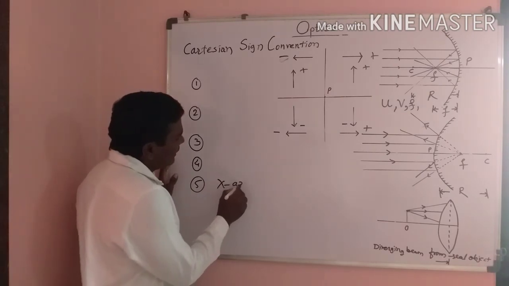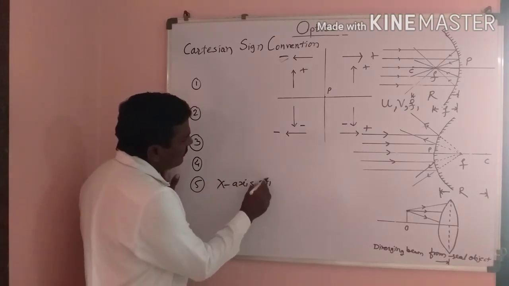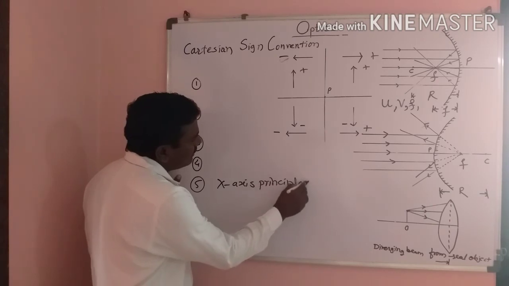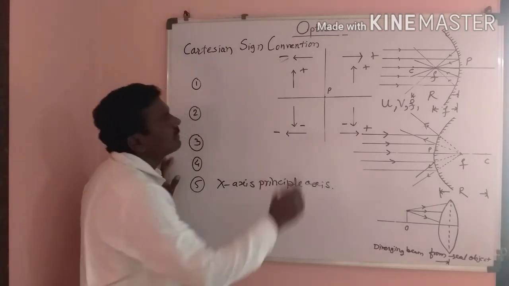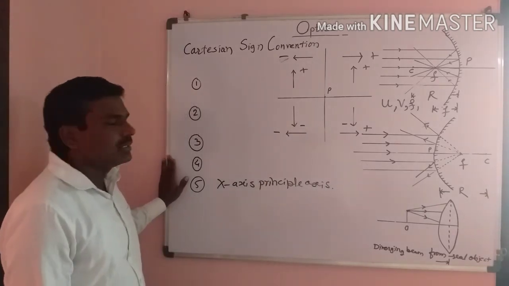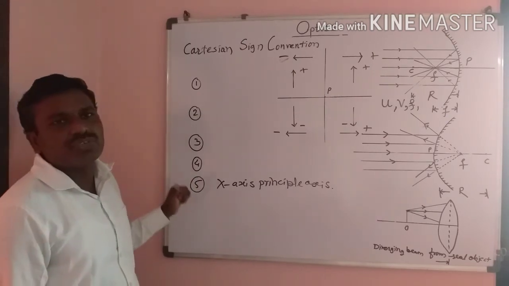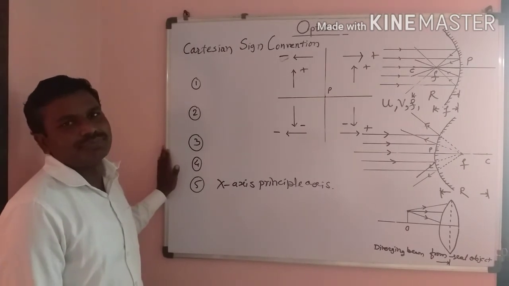What is the x-axis? The x-axis is the principal axis.